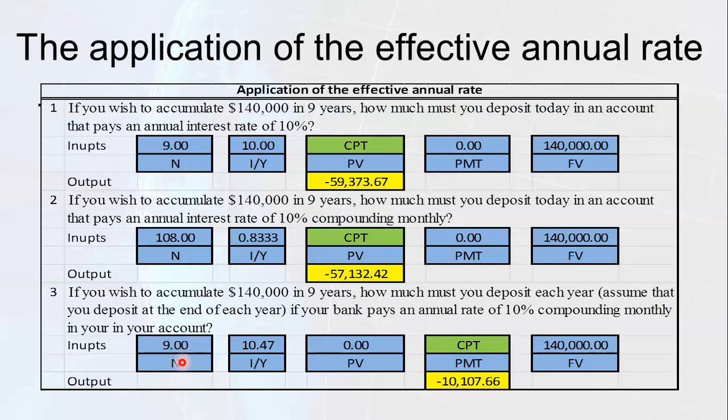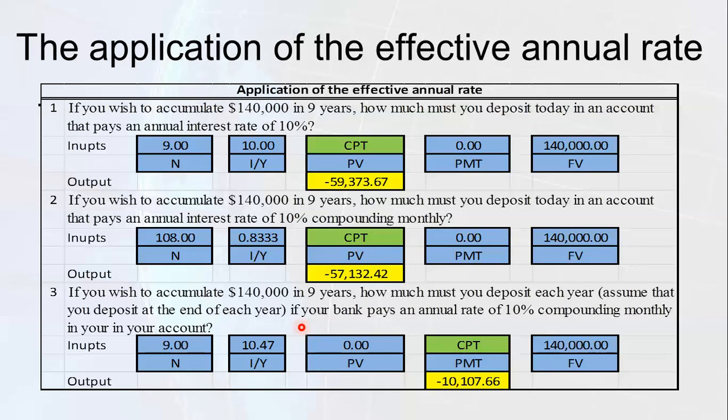So your N must be matching with your payment. Payment is annual, so your N also should be annual, and your rate also must be annual. So these three things must match, okay. N, I/Y, and PMT, they must match.